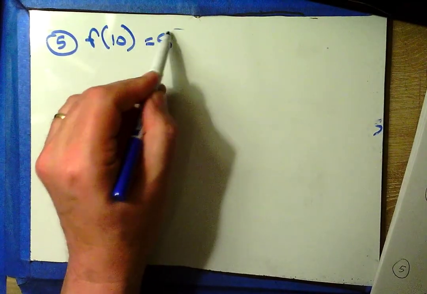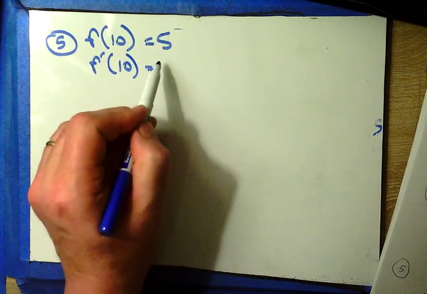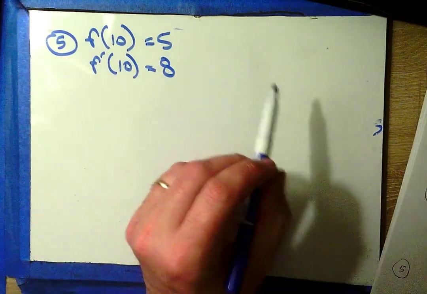5 says, an increasing function f satisfies f of 10 equals 5 and f prime of 10 equals 8. So what do we know?